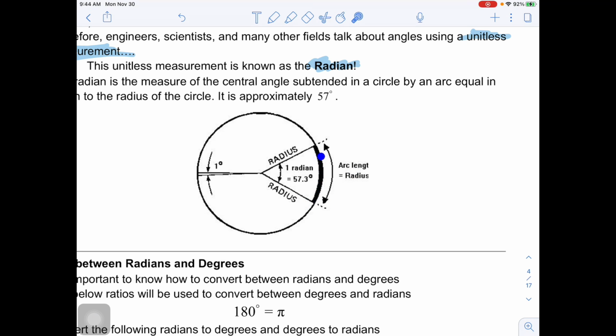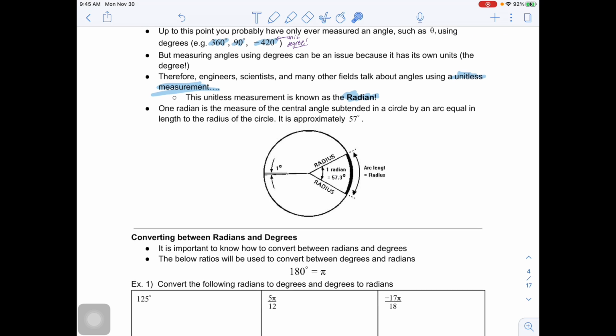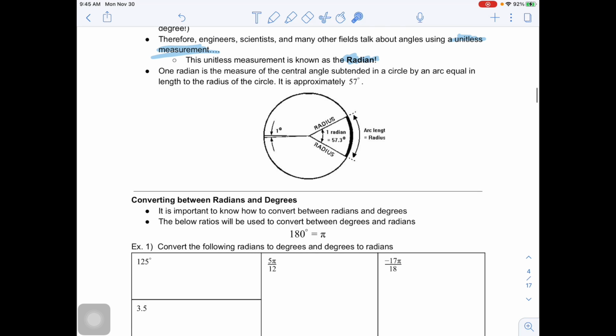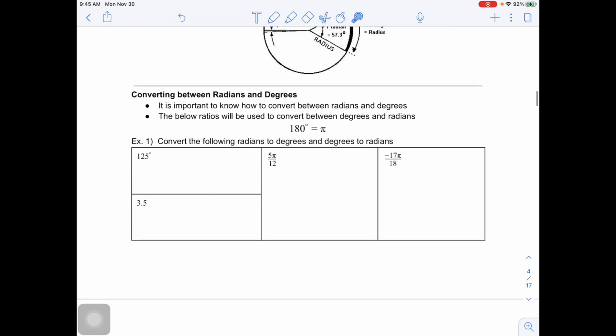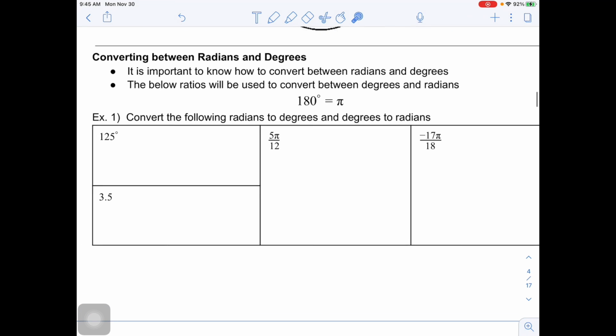The arc length is the measure from here to here, and let's say that's equal to the radius. So this is the radius, radius, radius. Well, in degrees, this angle is roughly 57.3 degrees. That's what 1 radian is equal to. Again, this is just helpful to understand where it comes from. Do you actually really need to know that? Not so much.